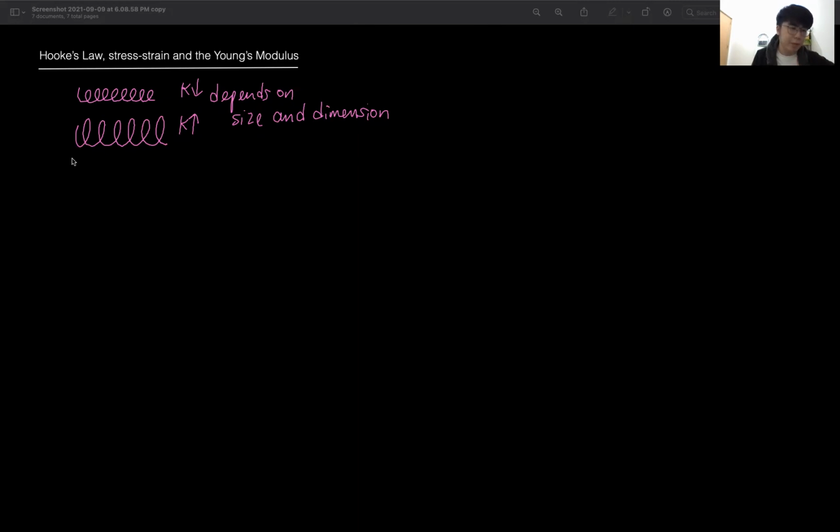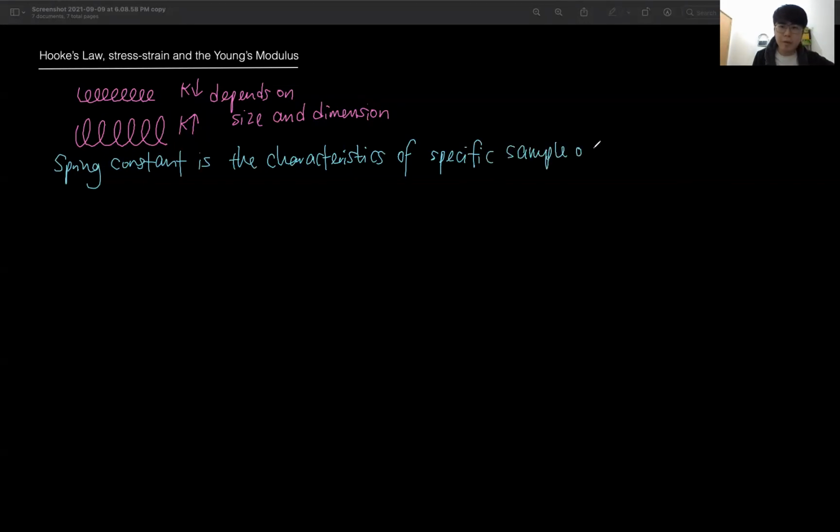Let me write this down for you. So spring constant is the characteristic of a specific sample of a material. And Young modulus is what?